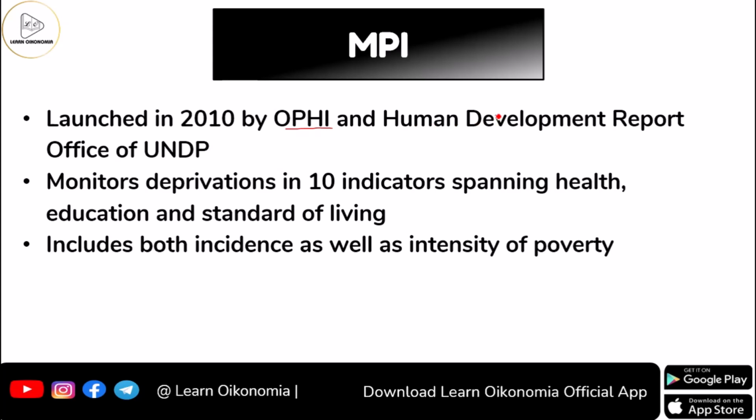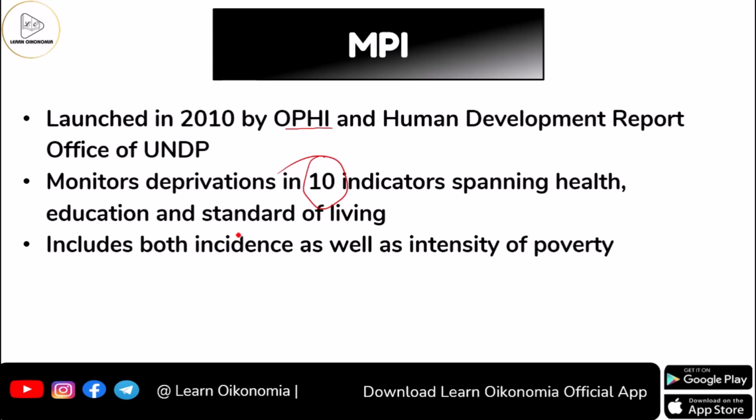Since it is developed by these two organizations, it looks into the multiple aspects of poverty and monitors deprivations by taking into consideration 10 important indicators that cover health, education and standard of living. So it looks into both the incidence of poverty as well as the intensity of poverty.